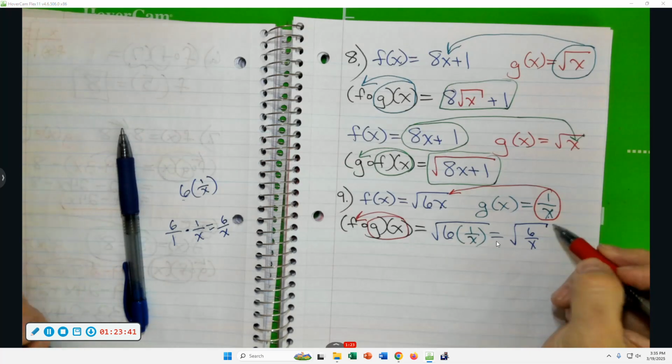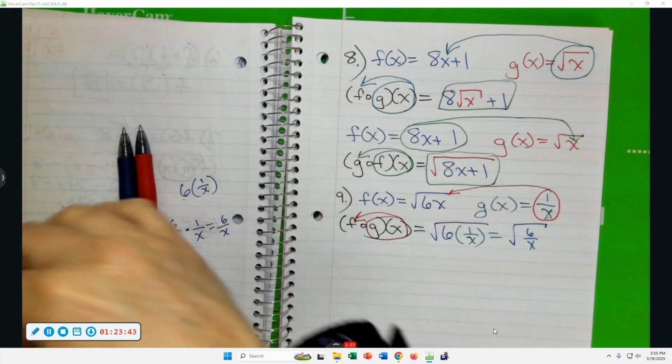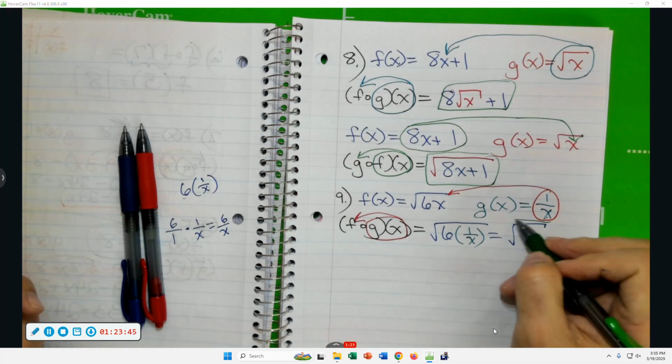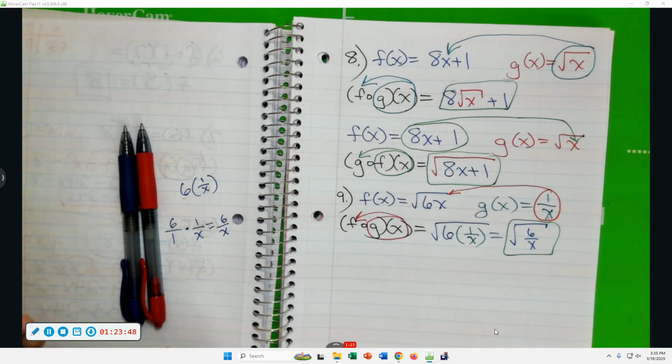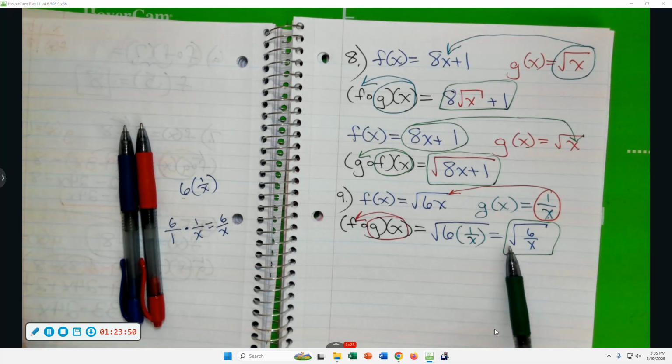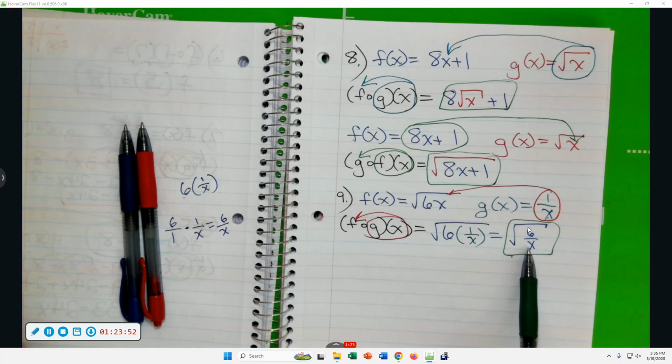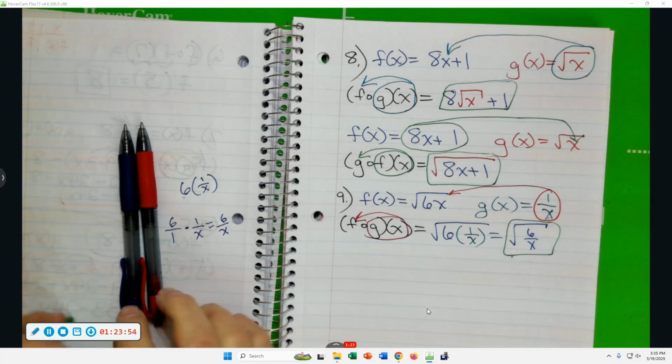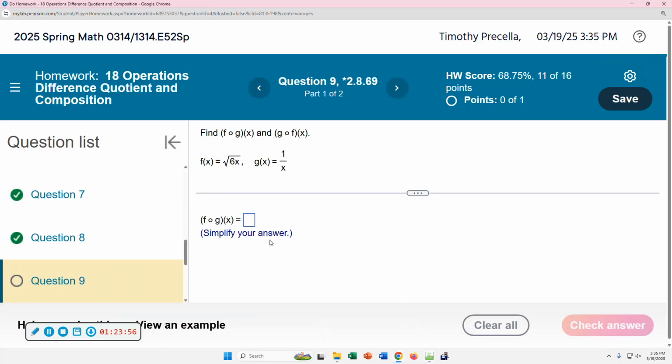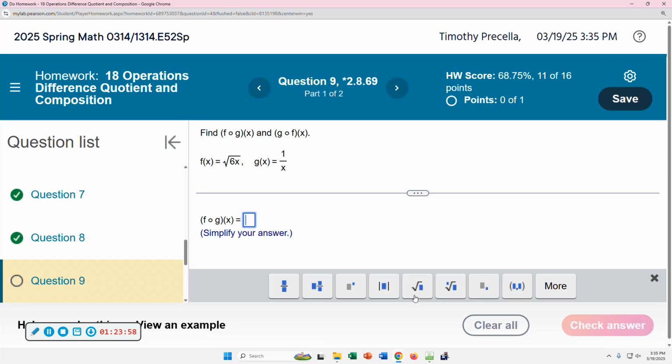Any questions on my logic there? So the first answer is a square root with a fraction underneath it, 6 over x. Go ahead and type that in. Square root of 6 over x? Yes.